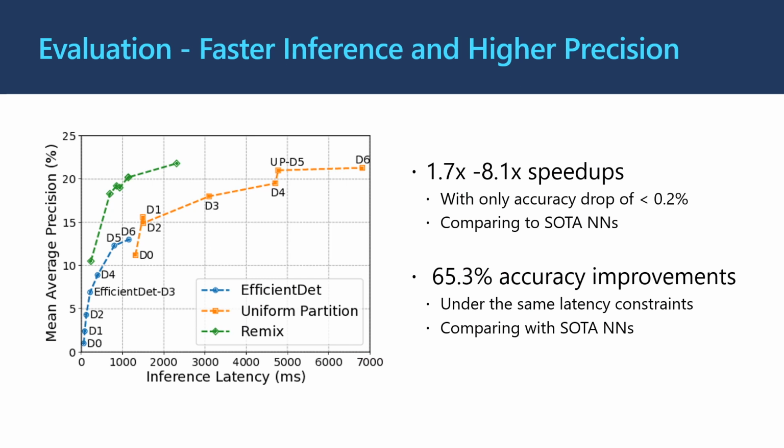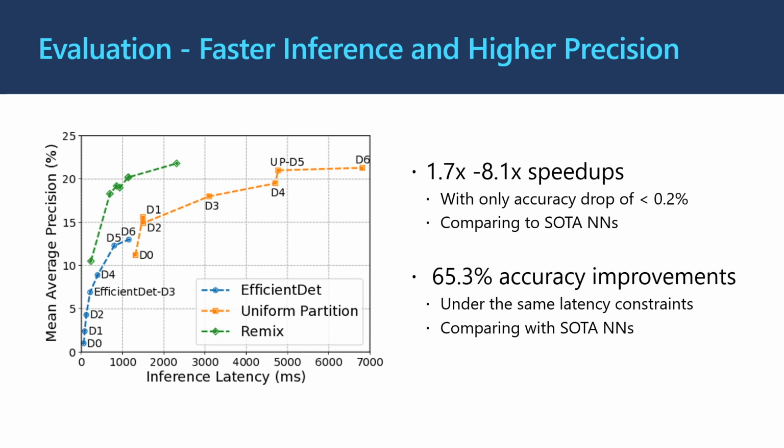Here come the evaluations. We evaluated Remix on public datasets and our own collected videos. Compared to SOTA approaches, Remix can get up to 8 times speedup when achieving close accuracy.